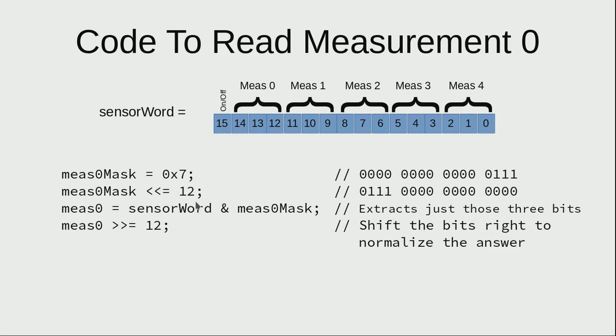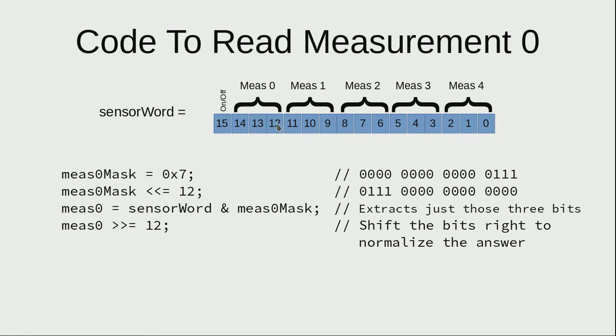And then we AND the sensor word with the mask, and that gives us our measurement 0, because remember, these are all zeros except for 1, so that's going to turn off everything in all of these positions and leave these 3 the same as they were, because whatever was here and 1 will give us whatever was here. If it was 0, 0, 1, we'll have 0 and 1 gives us 0, 0 and 1 gives us 0, 1 and 1 gives us 1.